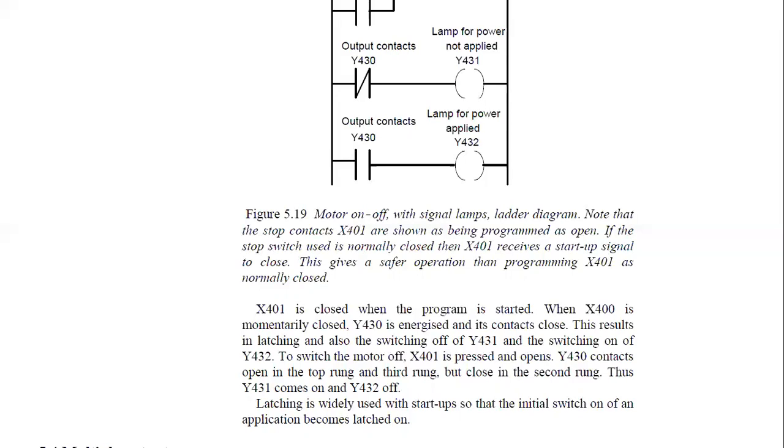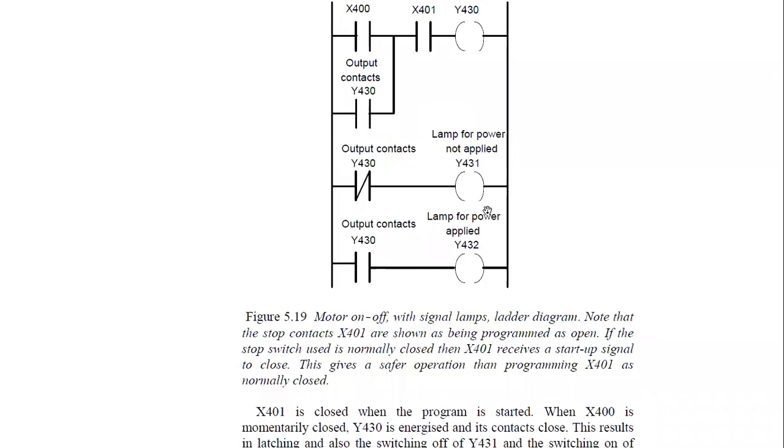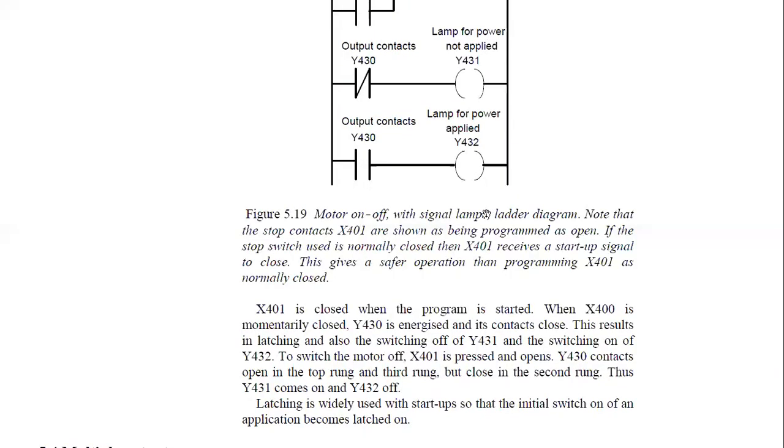that is the switch button X41, that is as you can see here, this is the stop button, that is the X41. It is pressed and therefore it opens. That means that now the circuit is not energized. The Y430 contacts open, in the top rung and in the third rung.